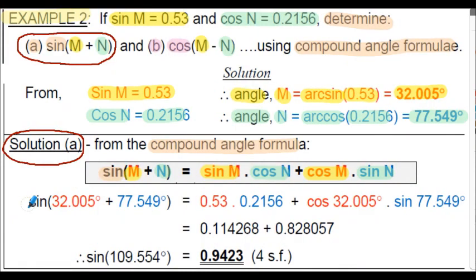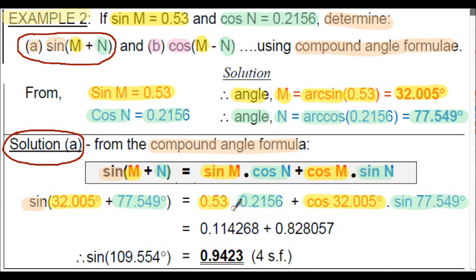So the sine of the combined angles on the left hand side is equal to the sine of M, given in the question, multiplied by the cos of N, given in the question also. And that's added to the cos of 32.005 degrees, the cos of angle M, multiplied by the sine of angle N, the 77.549 degrees. Just note for reference, I'm using the dot symbol here to indicate multiplication in the formula. So I hope that's not confusing you here.